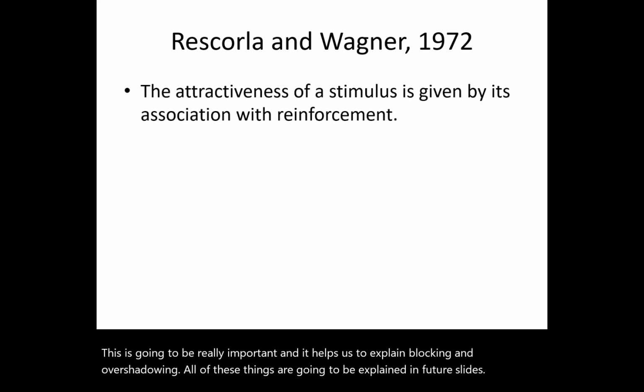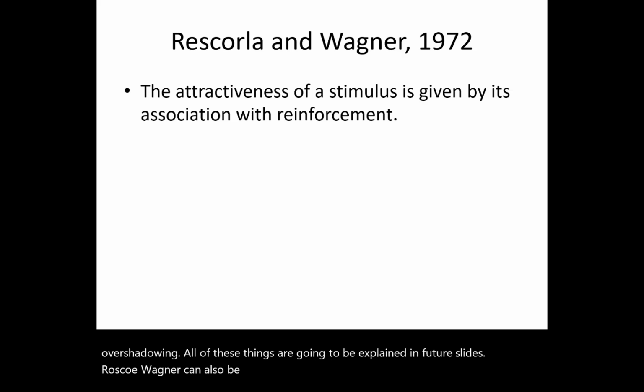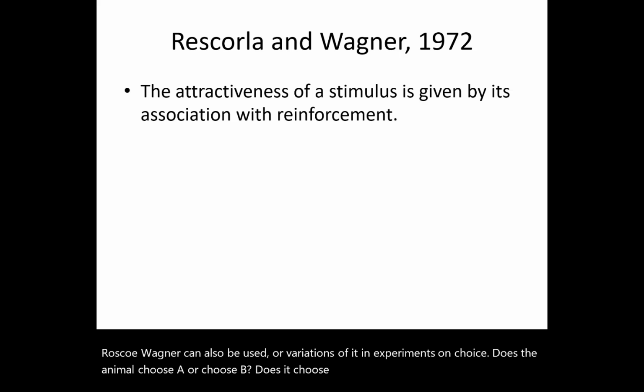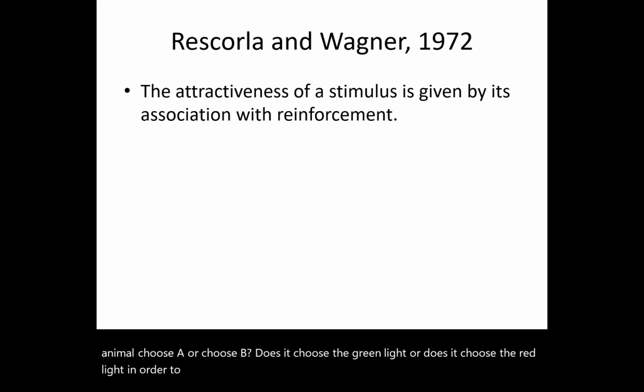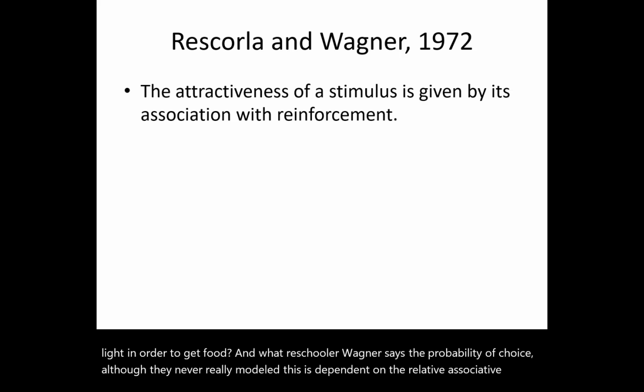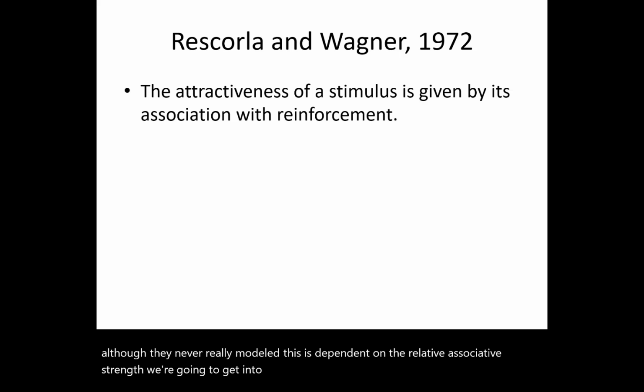Rescorla-Wagner can also be used, or variations of it, in experiments on choice. Does the animal choose A or choose B? Does it choose the green light or the red light in order to get food? What Rescorla-Wagner says, although they never really modeled this, is that the probability of choice is dependent on the relative associative strength. We're going to get into that idea in section 3 of this class.